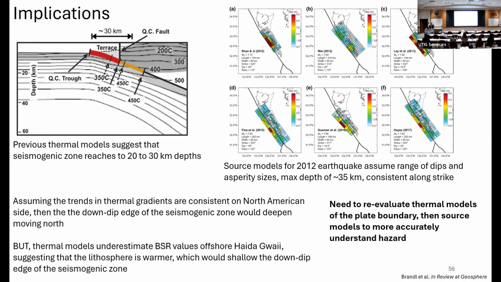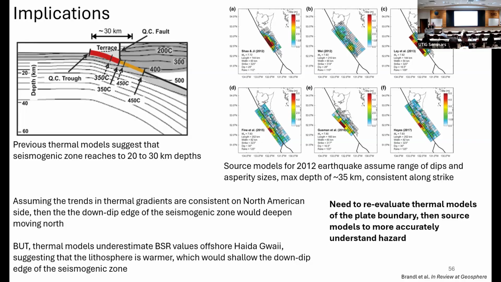So if we assume that that trend in thermal gradients is consistent on the North American side, then we might expect the down dip edge of the seismogenic zone to deepen, moving in that same direction as the lithosphere is getting colder. However, the thermal models also underestimate the values offshore Haida Gwaii. So if we assume that that's consistent beneath Haida Gwaii as well, that would suggest the lithosphere is warmer beneath Haida Gwaii, but that it cools moving to the north.